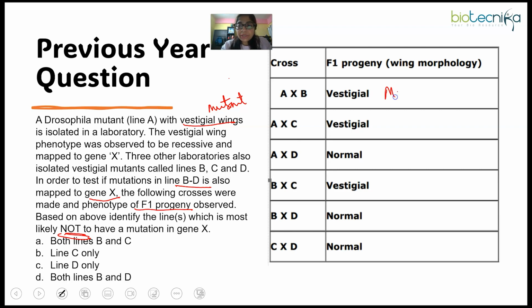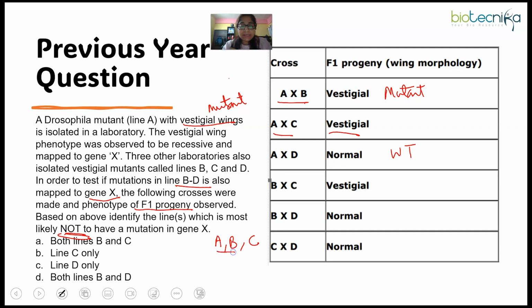Vestigial means mutant phenotype, normal means wild type phenotype. What do we see? A cross B is mutant, meaning A and B are in the same group. A and C is also mutant, meaning C is also in the same group.